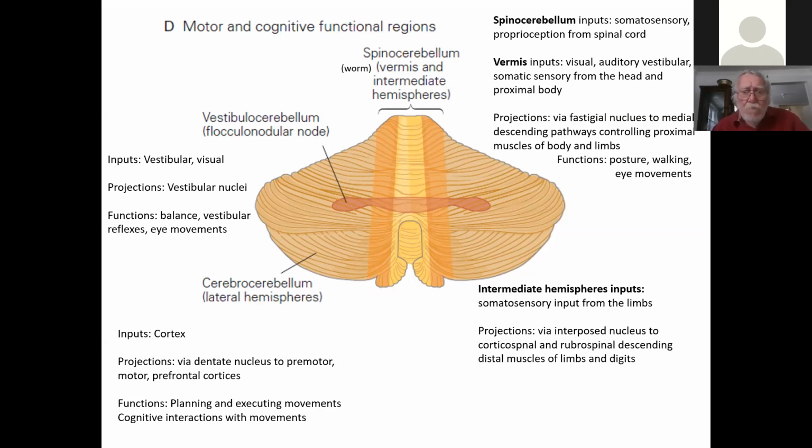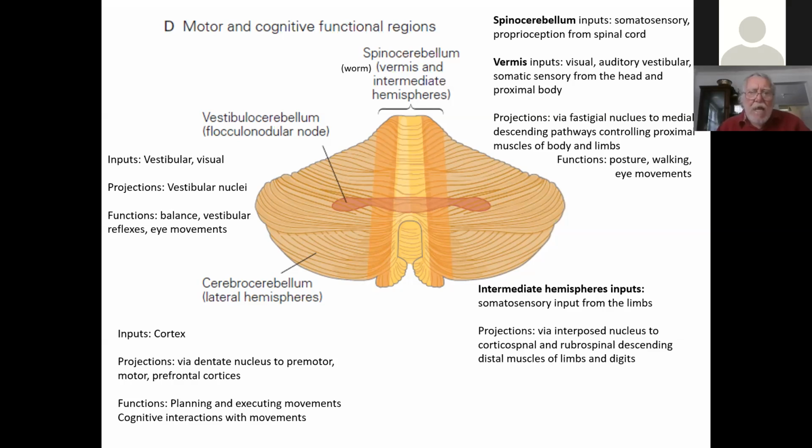Then we have the so-called cerebrocerebellum, and what is coming in here is the kind of inputs that are coming out of the corticobulbar tract. You're basically taking the cerebrocerebellum and doing this reciprocal feedback between the cerebellum and the cortex, to premotor, motor, and prefrontal cortices.